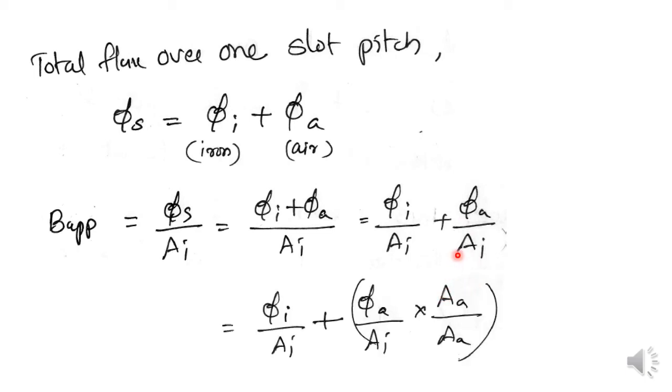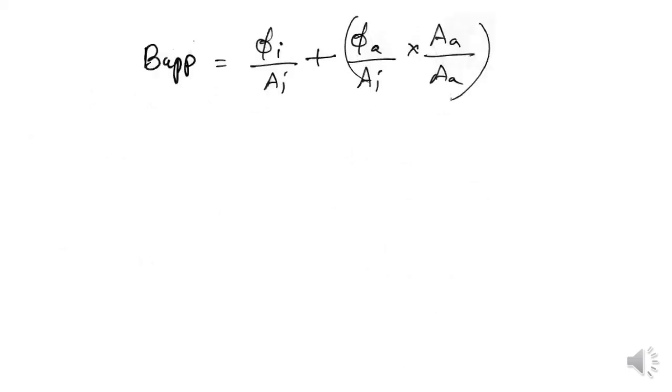Let's modify this equation by multiplying the numerator and denominator of the second term by AA. So the equation becomes phi I by AI plus phi A by AI into AA by AA. Let's regroup these terms, that is phi A by AA and AA by AI.